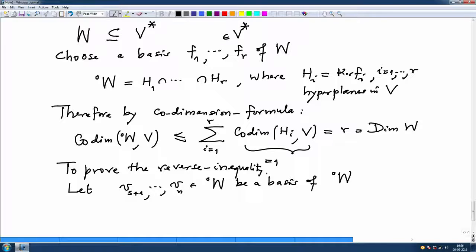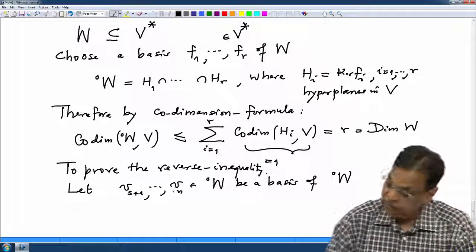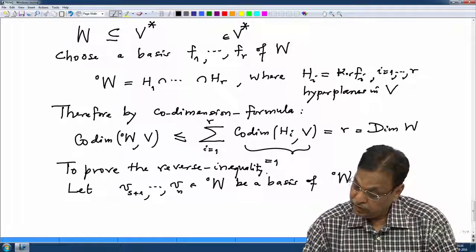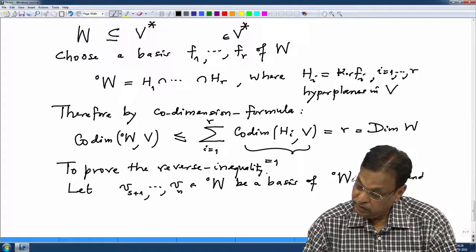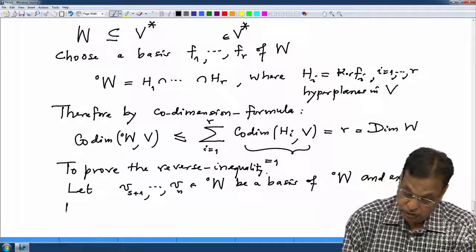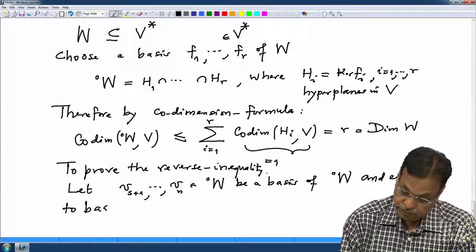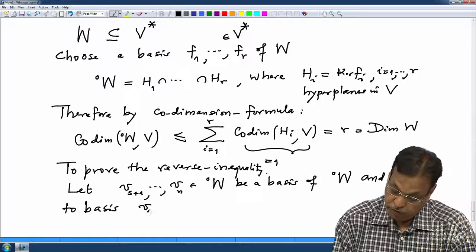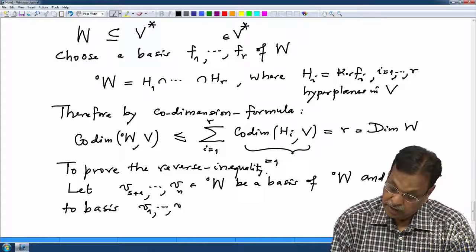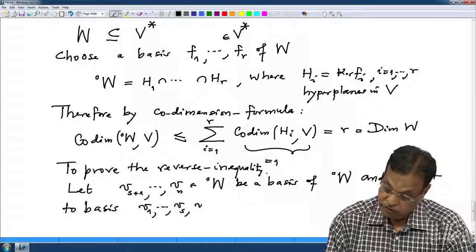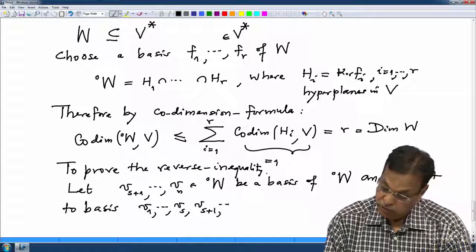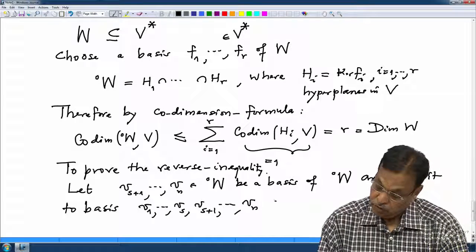There is only one way you can do: you can choose a basis and extend to a basis. So, I will extend this to a basis of V, V1 to Vs, and then V s plus 1 to Vn, of V.